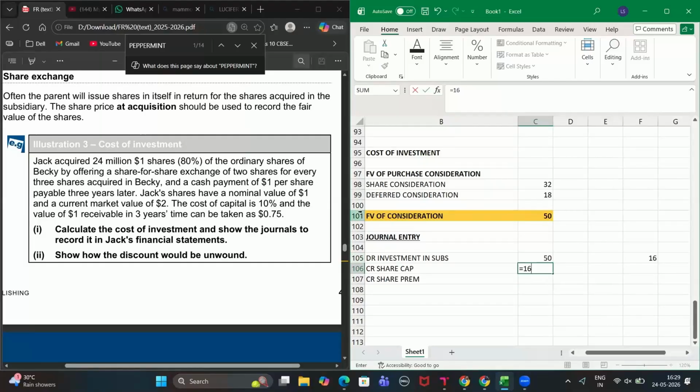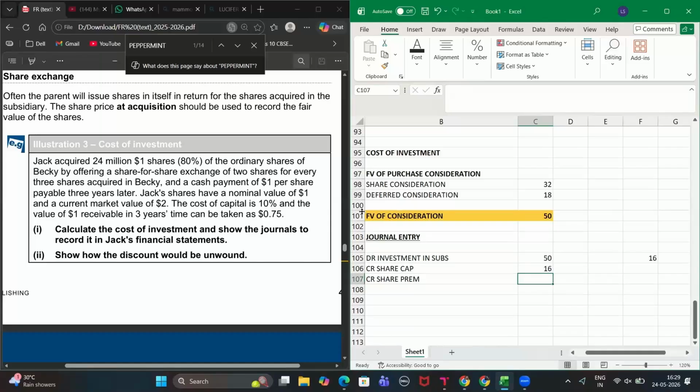What is the nominal value of JAG company's shares? It is 1. So how many shares have we issued? 16 million. So what is the share capital? It is 16 million. Got it.